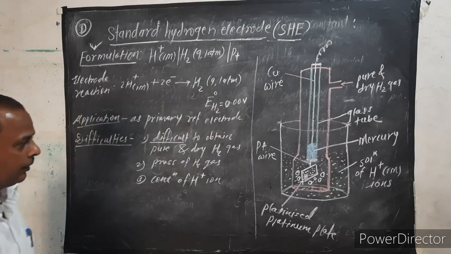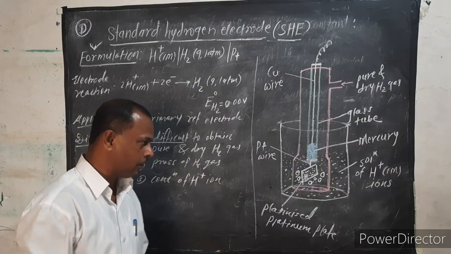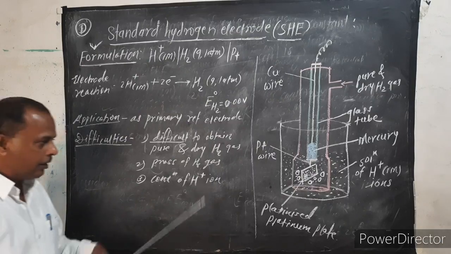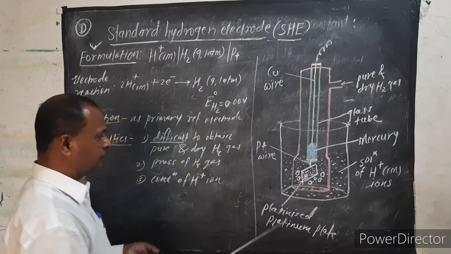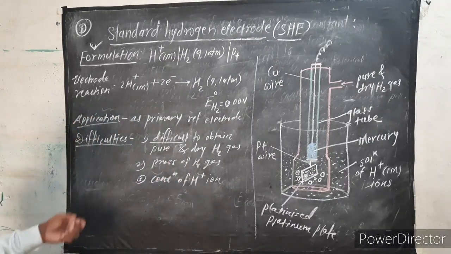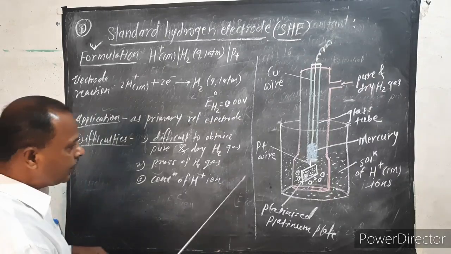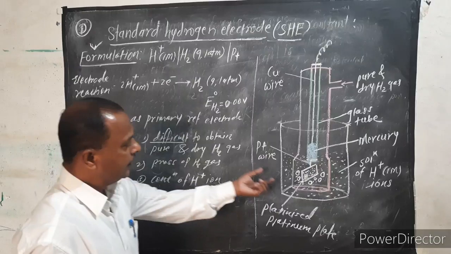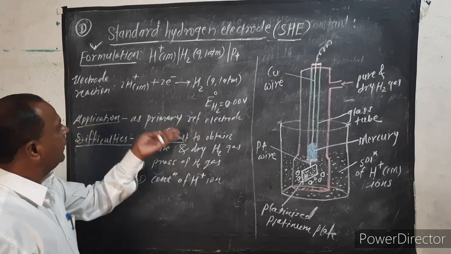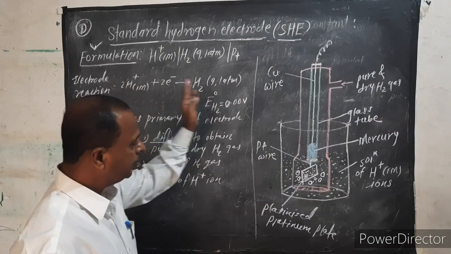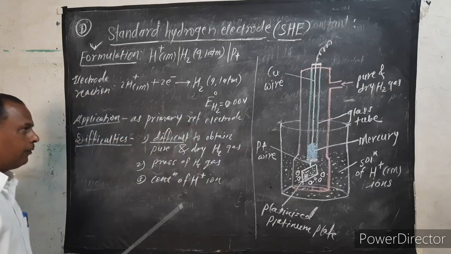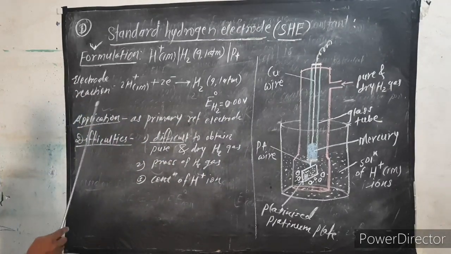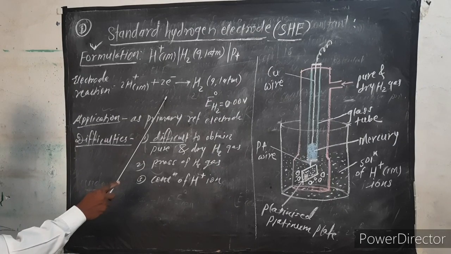At that time, the hydrogen gas is absorbed by this platinum plate, and some of it converts into H plus ions. So the 1 molar H plus ions around the platinized platinum plate, on that plate, H plus ions convert into H2 gas. Now, when the SHE acts as cathode, the electrode reaction is like this.